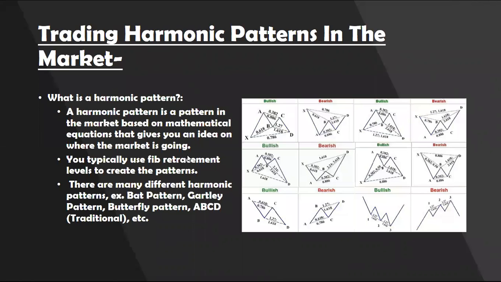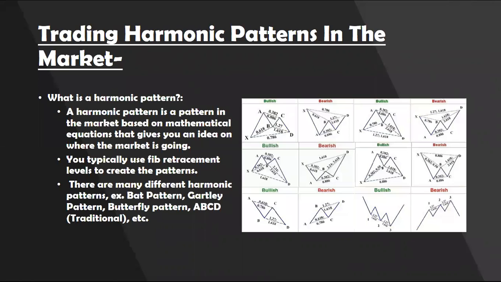All right, so we're gonna talk about trading harmonic patterns in the market. Now you may ask yourself, what is a harmonic pattern? Well, a harmonic pattern is a pattern in the market based on mathematical equations that gives you an idea where the market is going. You guys remember when I talked to you about how harmonic patterns are also composed of Fibonacci retracements.